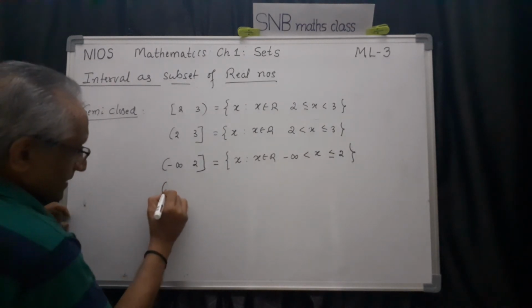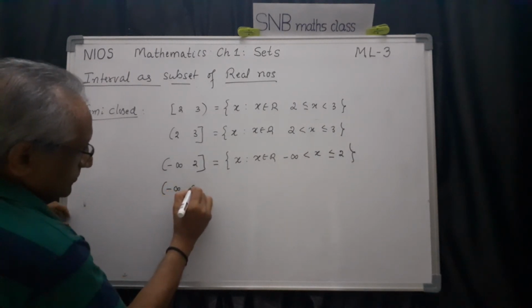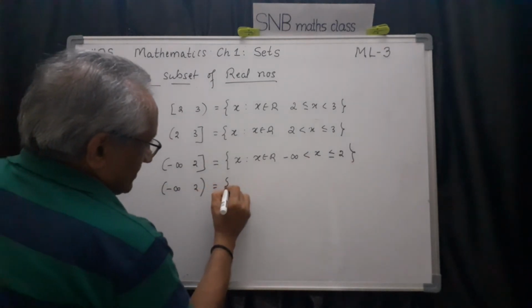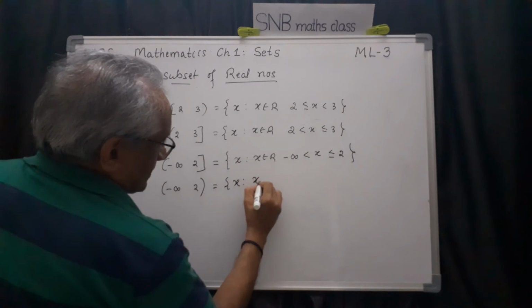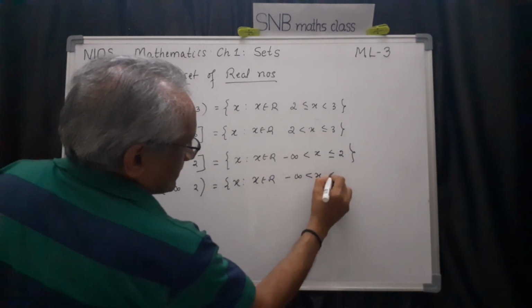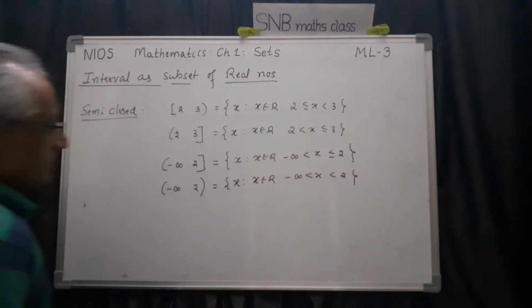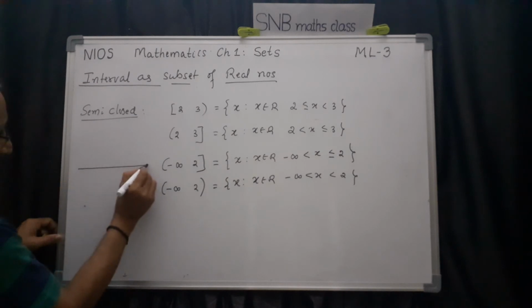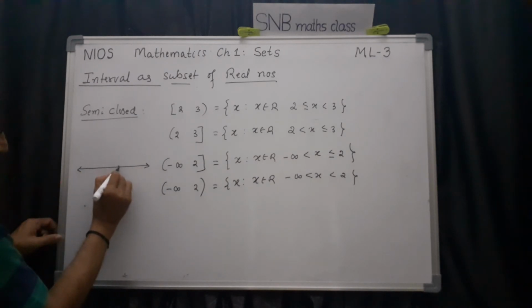And I can also write minus infinity to 2 open here. This means the same thing: x such that x belongs to R, then minus infinity less than x less than 2. Now let me show you the diagram for this one. You have to show it like this. 2 you have to show here.